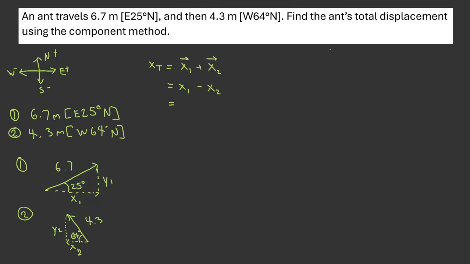And just to give you a quick refresher, we know that cos theta equals our adjacent, I'll just call that A, over our hypotenuse, H, okay?